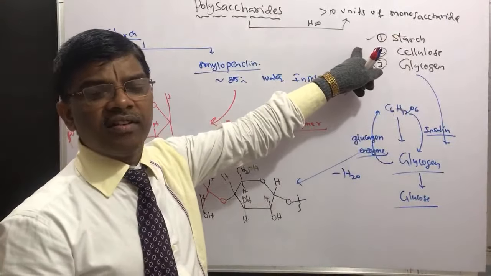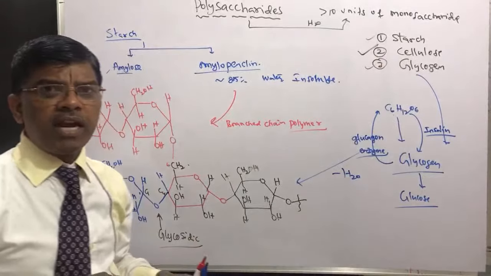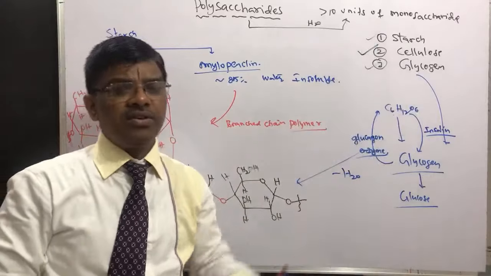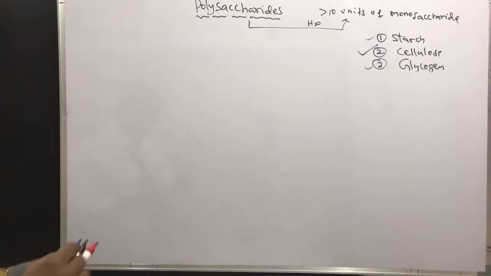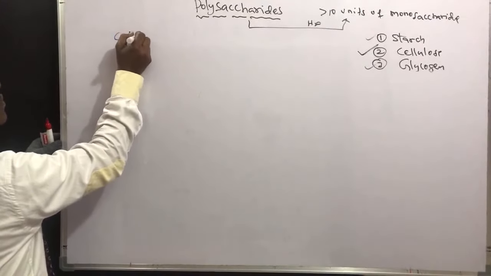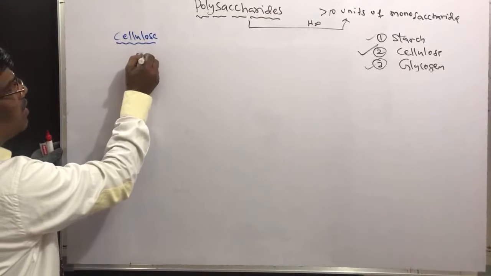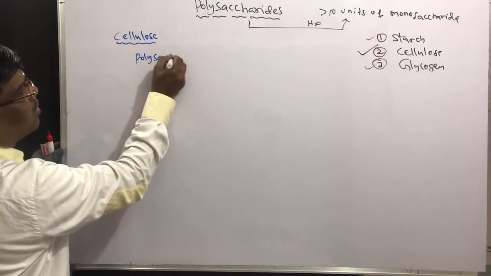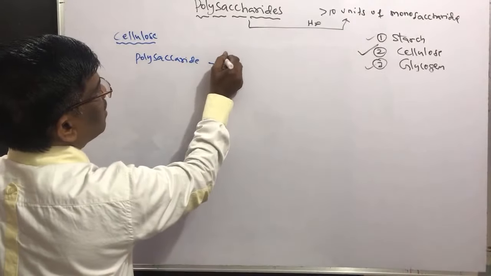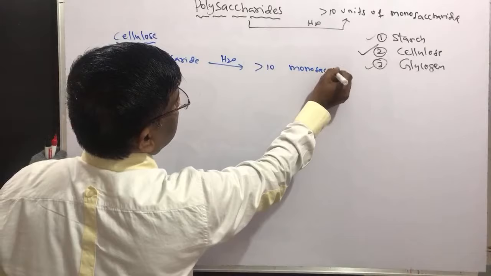Let us see cellulose. What is cellulose? Where do you find it? In plant cells. So all plant cell walls are made up of cellulose, and cotton also is cellulose. These are polymers. So cellulose is a polysaccharide. When you do hydrolysis, it should give more than 10 units of monosaccharides. Yes, it is giving.